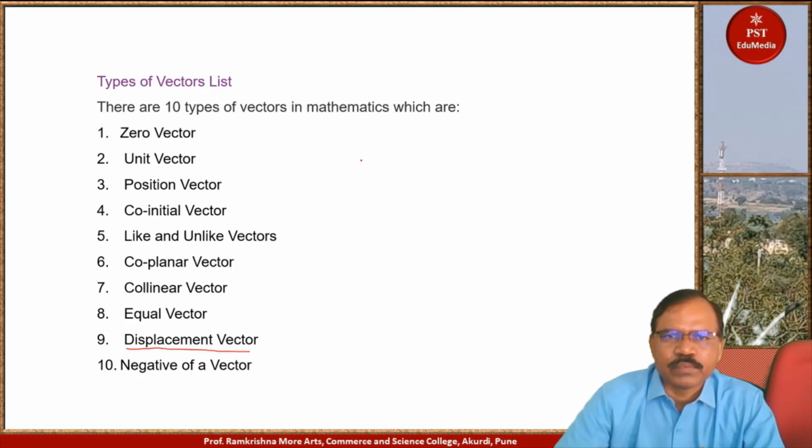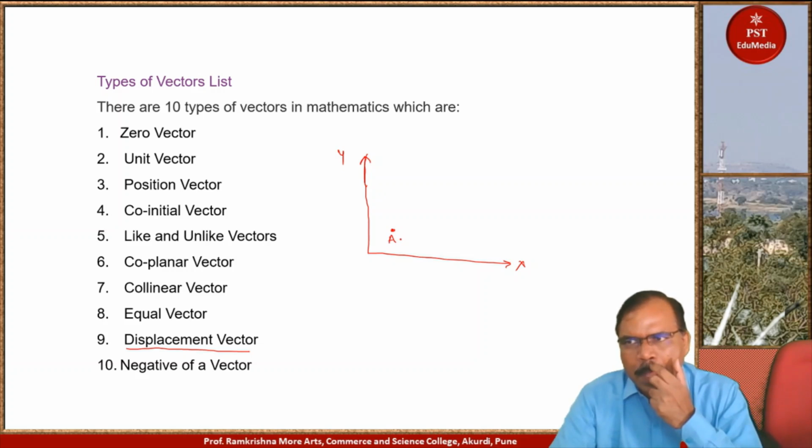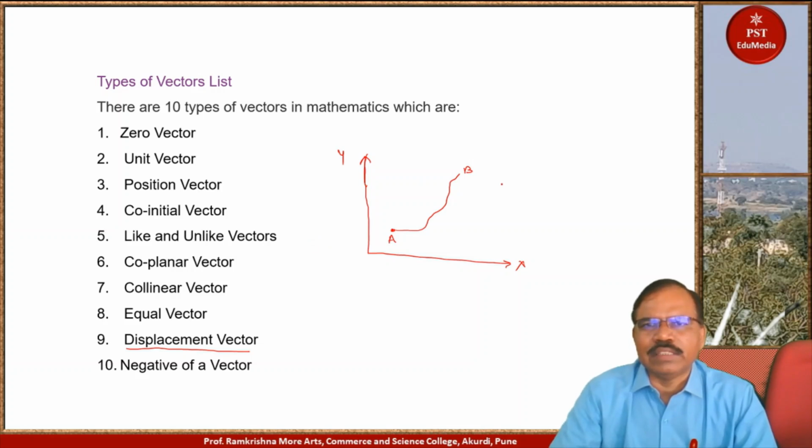Means suppose I will take here a two-dimensional Cartesian coordinate system. This is x-axis, this is y-axis. Suppose here this A is the initial position, and suppose we place a body here, and suppose that body is displaced and it goes here to B along this path. So this is the final point.